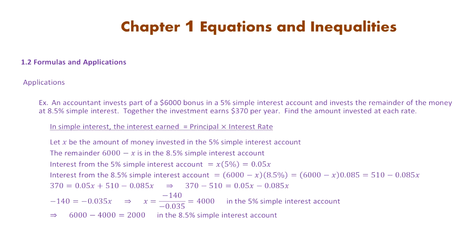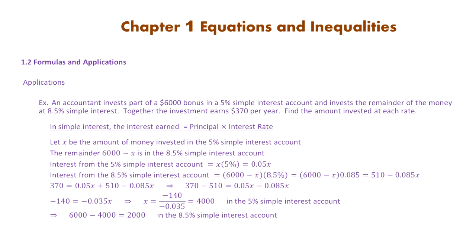So in this problem, an accountant invests part of a $6,000 bonus in a 5% simple interest account and invests the remainder of the money at 8.5% simple interest. So when you have a job, you work in a company, for example, then they usually have some bonus at the end of the year for you to put into different financial products.